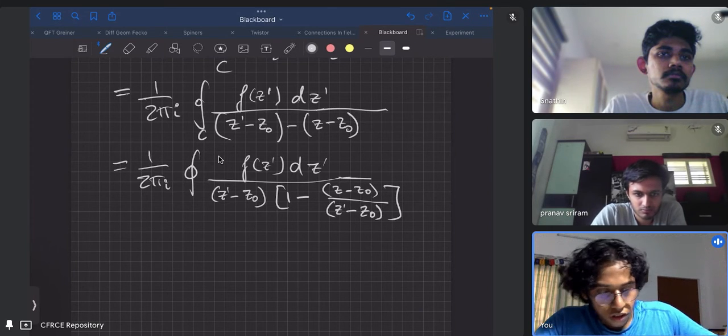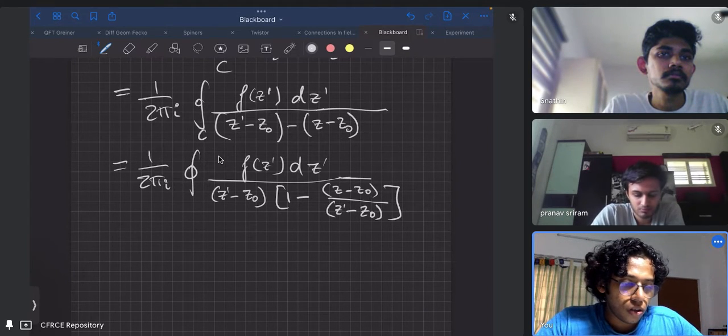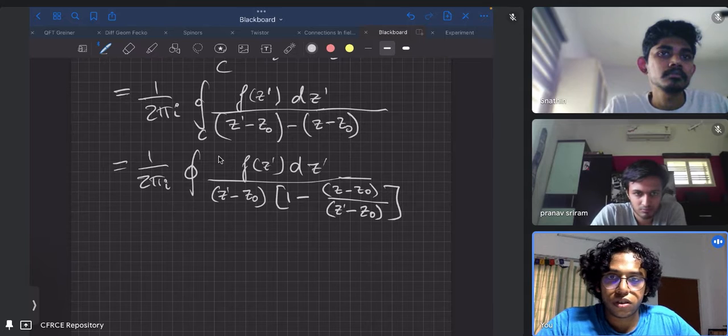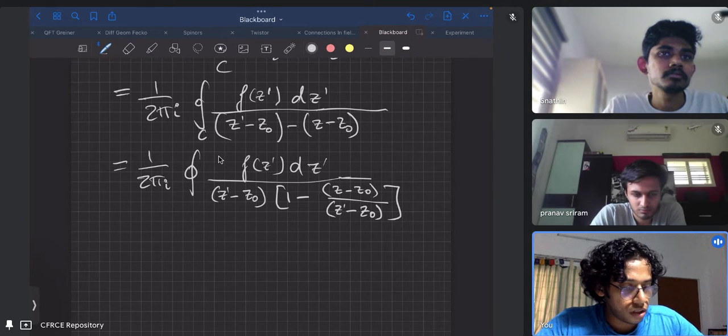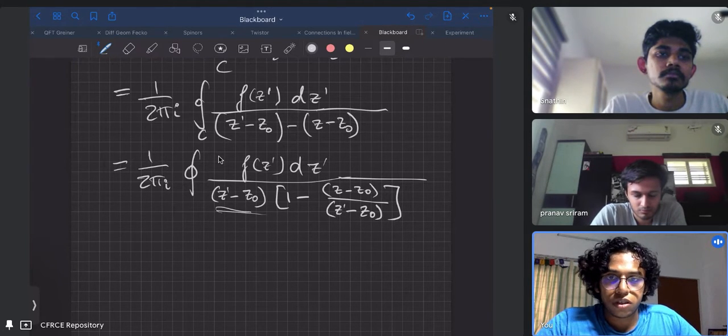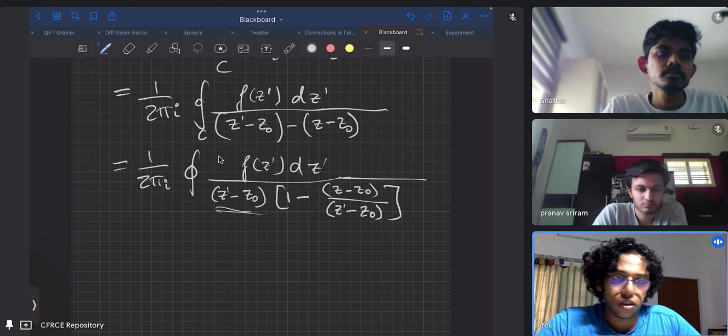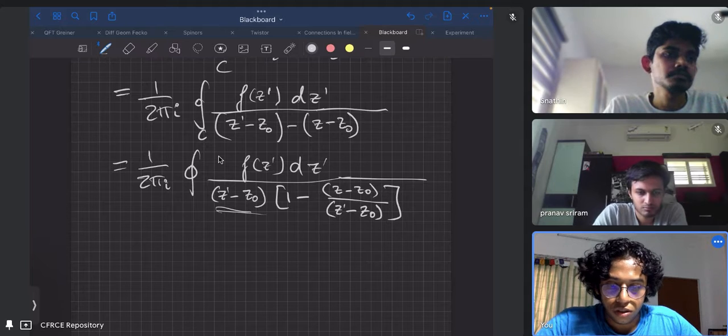So we have further simplified the whole thing. We have taken z prime minus z naught outside the bracket, and the denominators cancel once you put it in the bracket. That's the simplification that we have done.